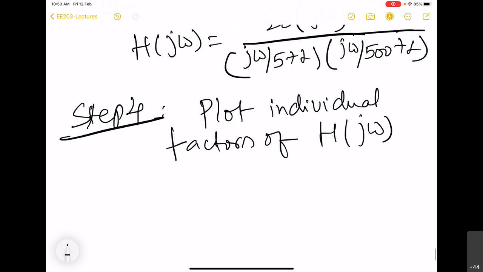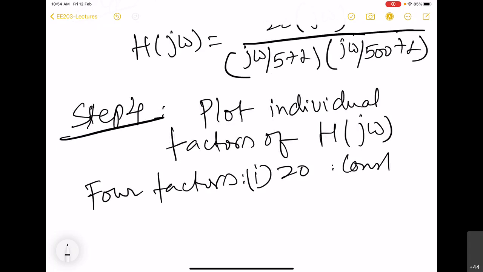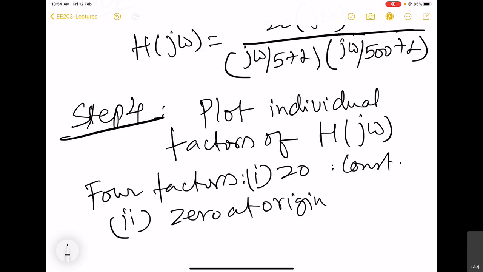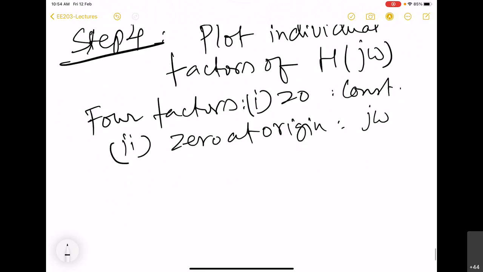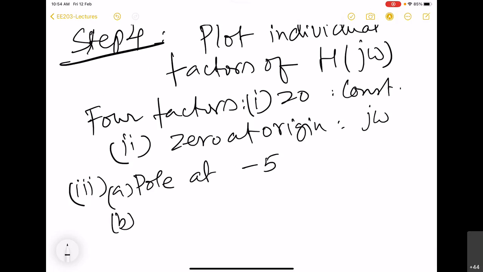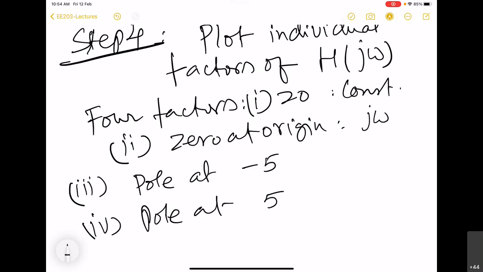So here we have 4 factors. 20, or you can say a constant, then zero at origin, pole at negative frequency, and 500.